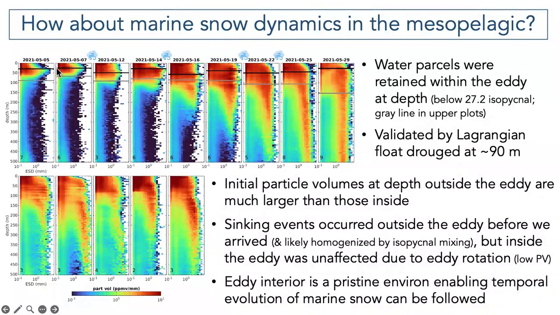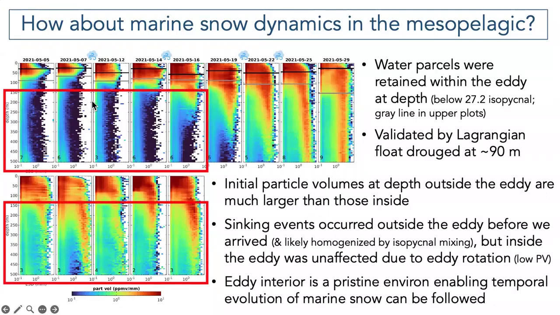So what's shown here is the same plot I showed before, but of the cases within the eddy, and then these are all the cases that we had outside of the eddy. And the water parcels, and this gray line here is this magic isopycnal that we know kind of caps the top of the well mixed layer with the isopycnal layer within the eddy itself.